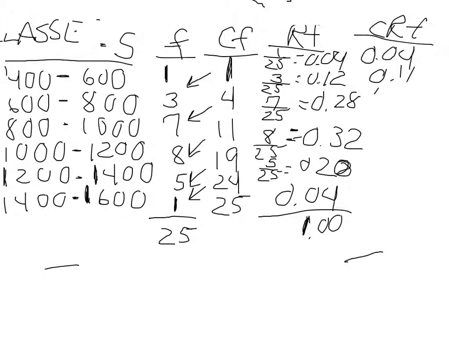Add the 0.28. That gives me 0.44. Add the 0.32. That gives me 0.76. Add the 0.2. That gives me 0.96. And add 0.04, which gives me 1.00. And that is that. Okay, hope this helps.